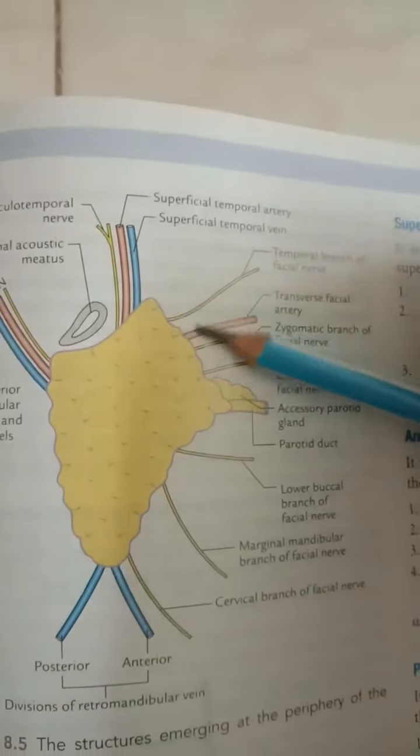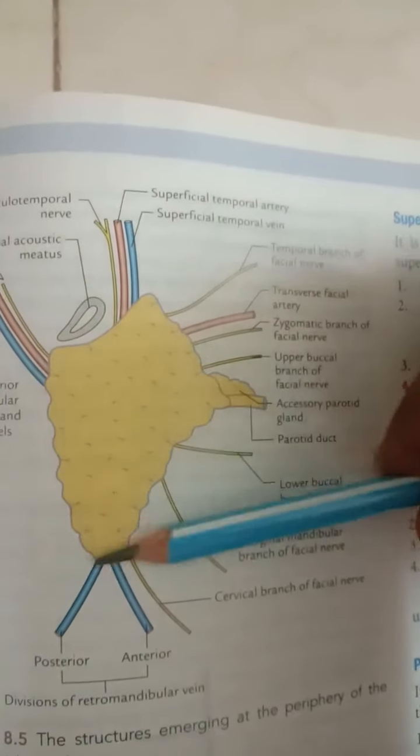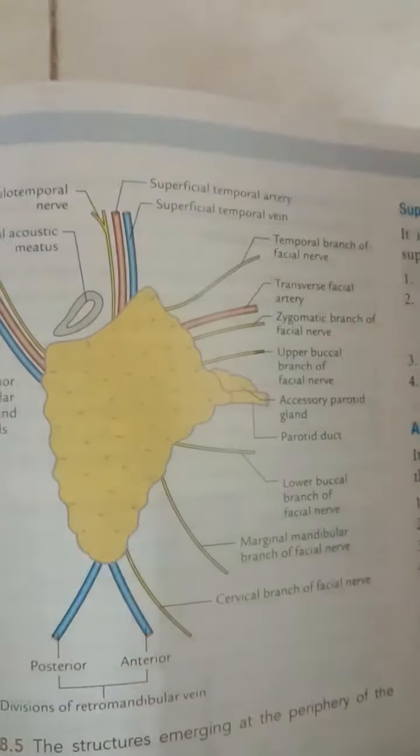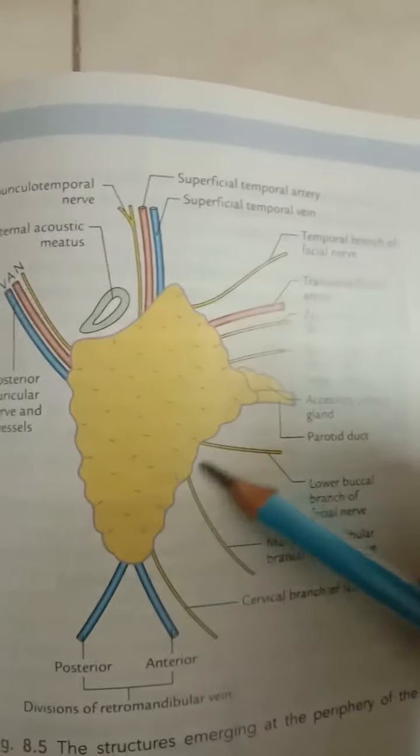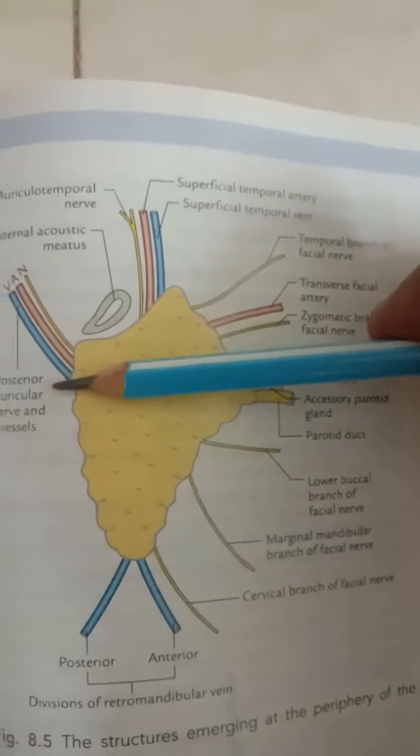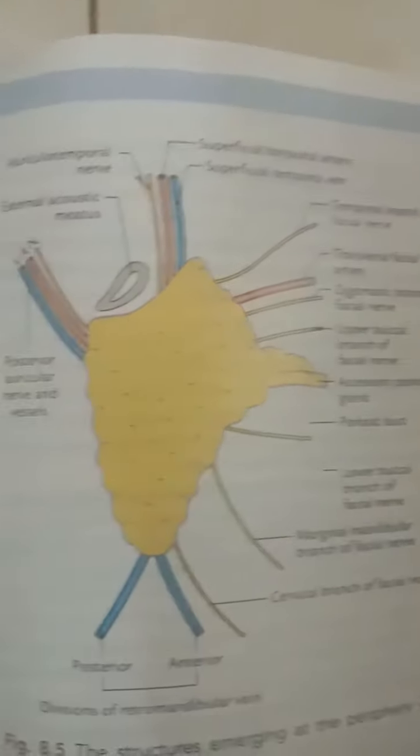This one is the anteromedial surface, and this is the posteromedial surface. Then the three borders: this is the anterior border, then this is the posterior border, and inner to it is the medial border.